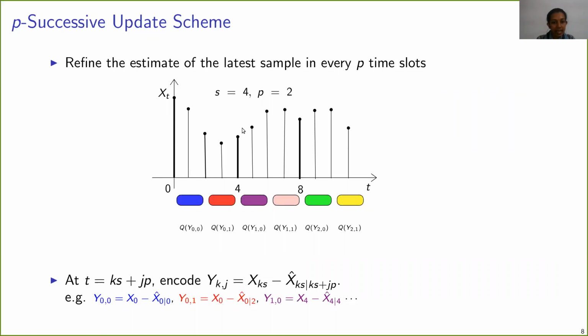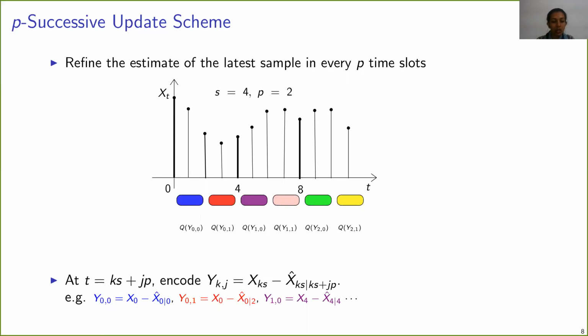Then, say at time 0, we start sending the difference between the 0th sample and its current estimate at the decoder. So we quantize this and we use the next 2 time slots to send this quantized estimation error.